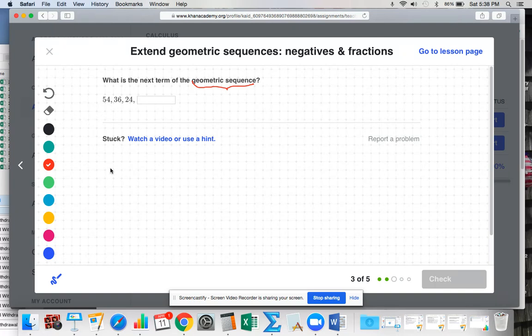So to multiply 54 by something to get 36, you can think of what I'm multiplying by as x, and you can solve this equation for x. X is going to be 36 over 54, which simplifies if you divide both numbers by 9 to 4/6, divide again, 2/3. So if I multiply by 2/3, that's the pattern.